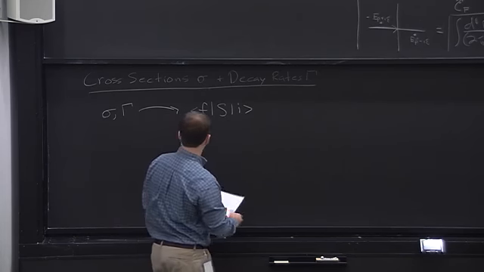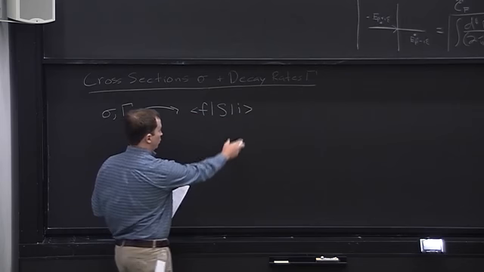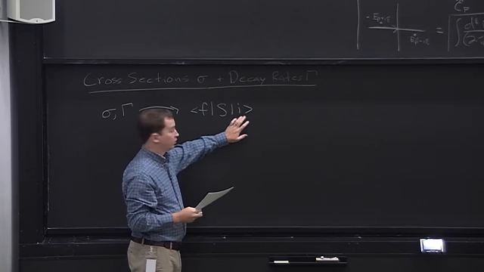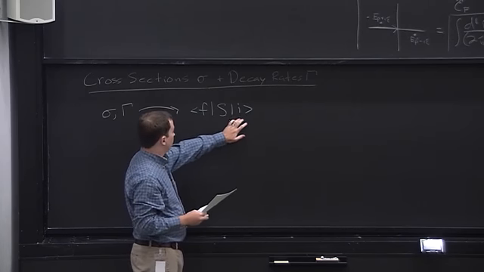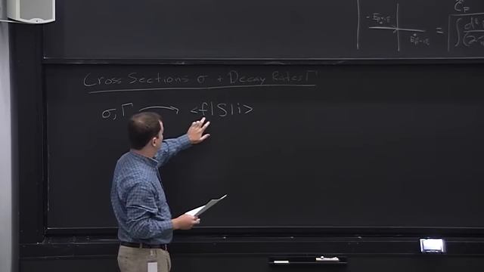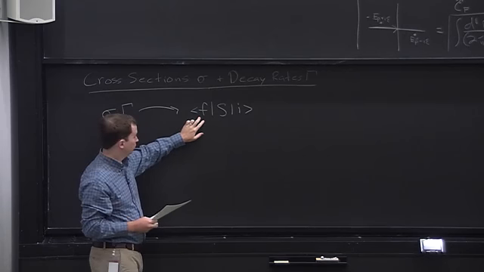We can imagine in the Heisenberg picture we've got some initial state, which is time independent. We can time evolve it and then compute its overlap with some final state.